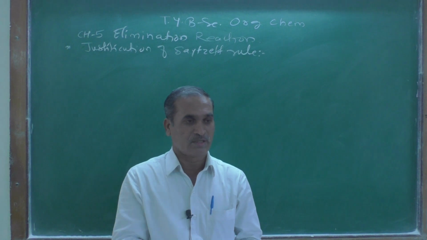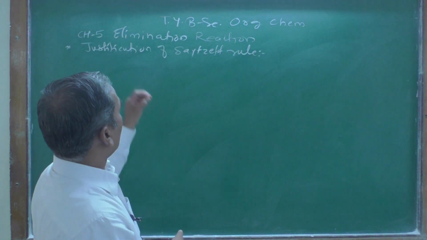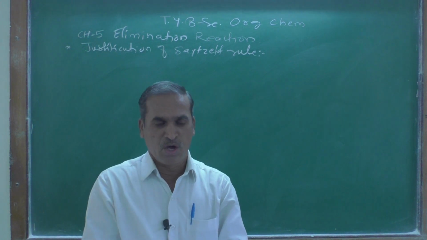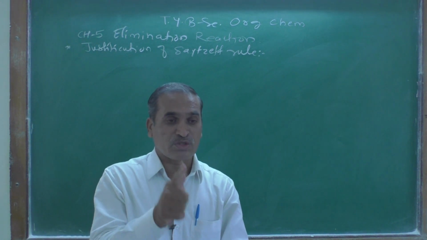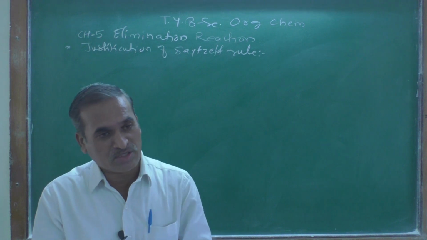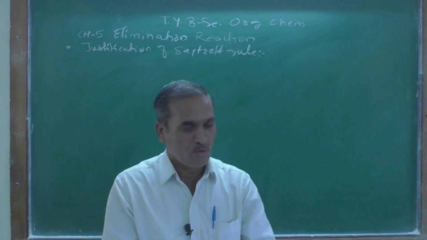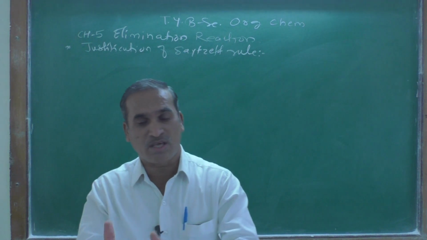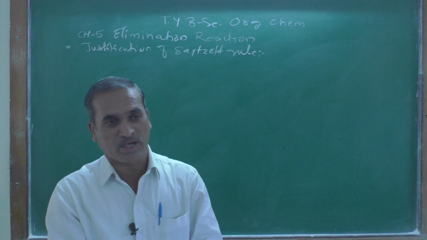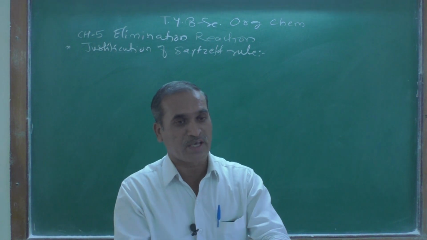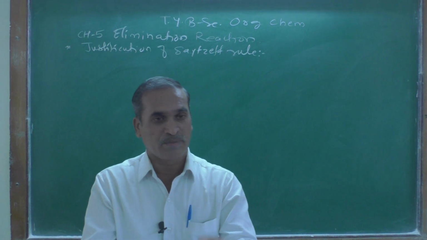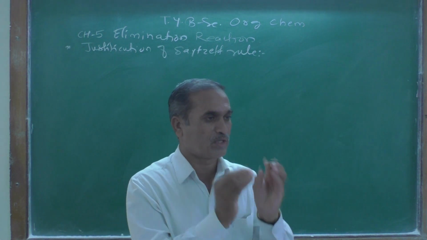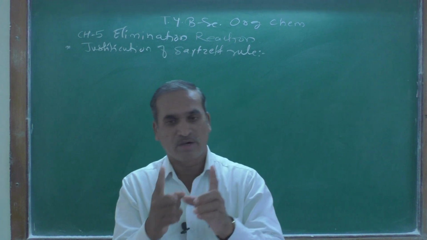But here, in the justification of the Saytzeff rule, justification means explanation. Why is the more substituted alkene obtained as the major product in a Saytzeff rule? What is the reason behind it? That explanation is nothing but the justification of the Saytzeff rule.